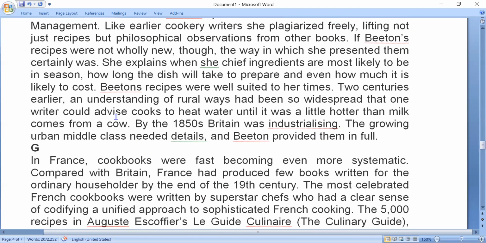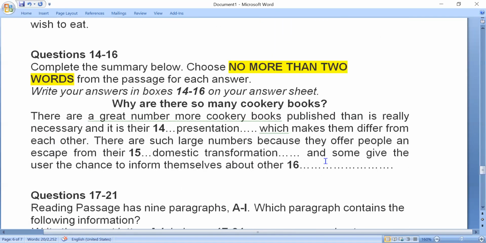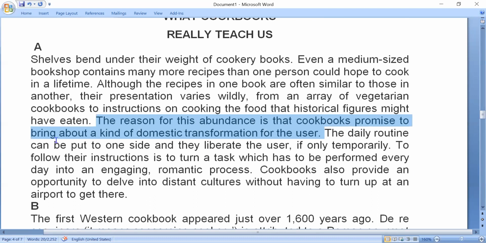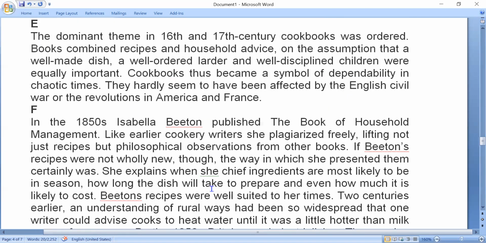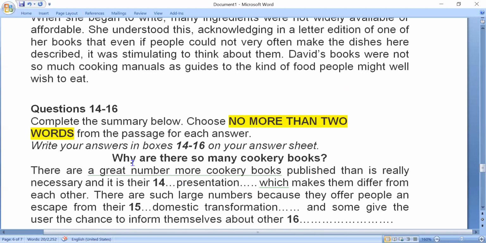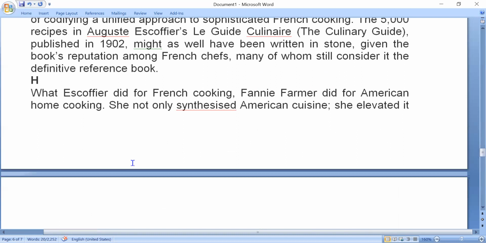So let's look at the last fill in the gaps. They give the user the chance to inform themselves about other. What will be here? Other distant culture. They also give the user the chance to inform themselves about other culture.